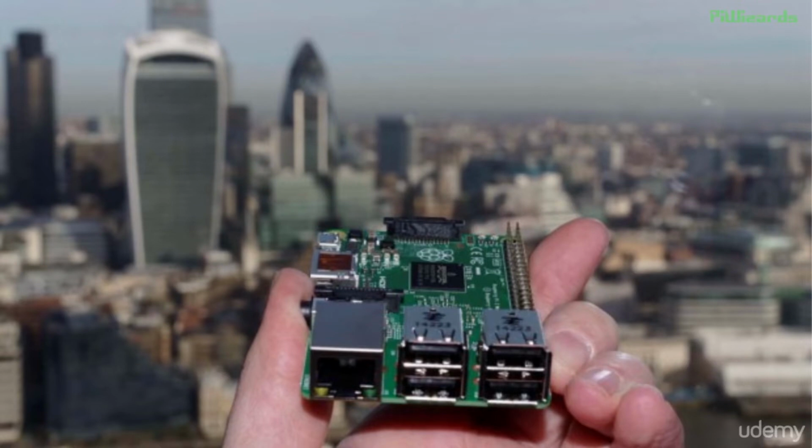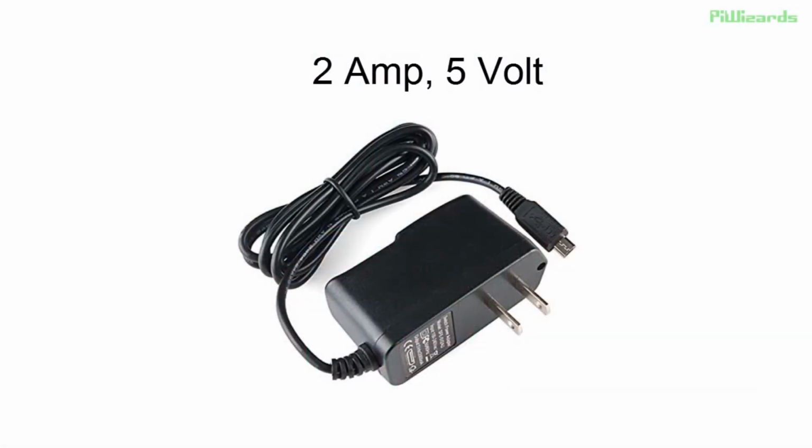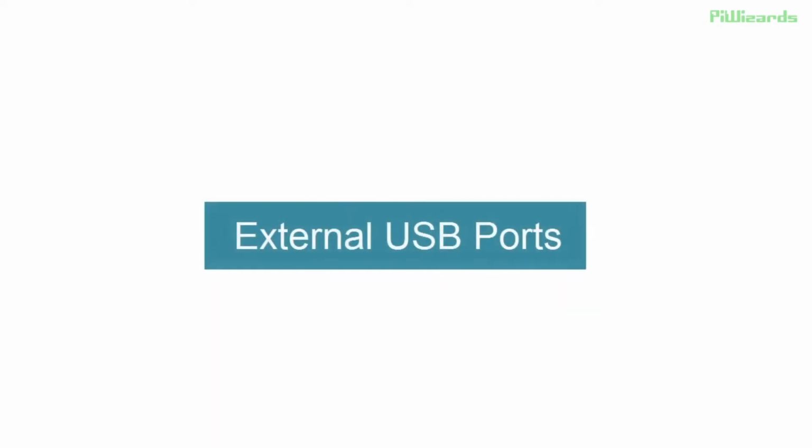To do this, however, you will have to use a 2 ampere micro USB power supply instead of the usual 1.8 ampere 5 volt USB power source that the Model B+ makes use of and the Pi 2 supports.